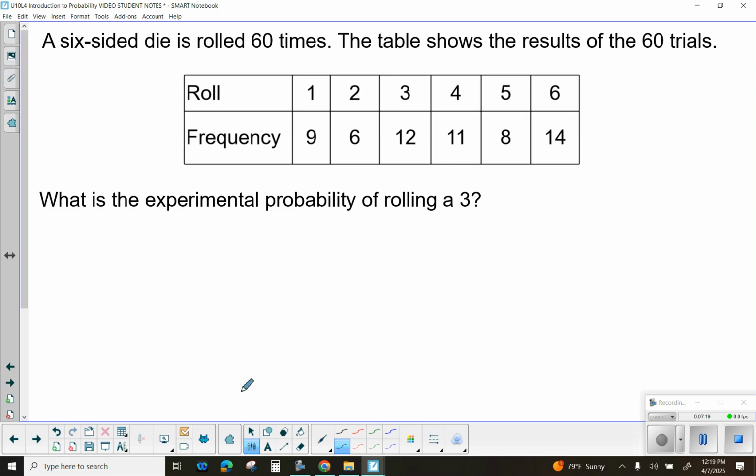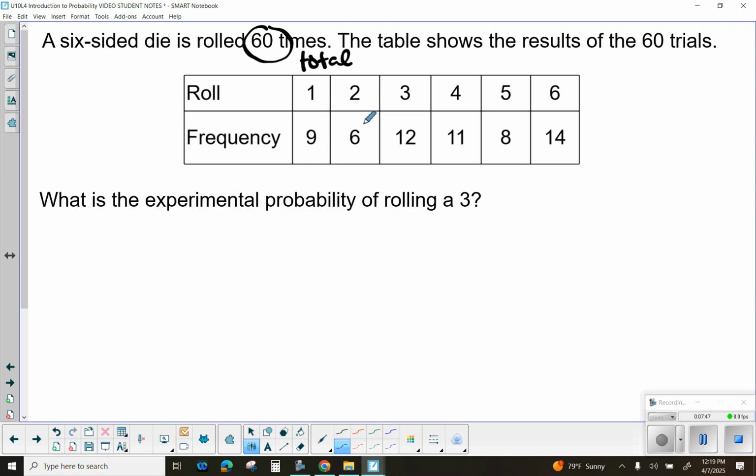Let's look at this. This time, notice that someone rolled a dice 60 times. They actually did it. They sat at a table and rolled the dice 60 times. Here they recorded how many times they got each of the sides. For instance, a 1 landed heads up 9 times.